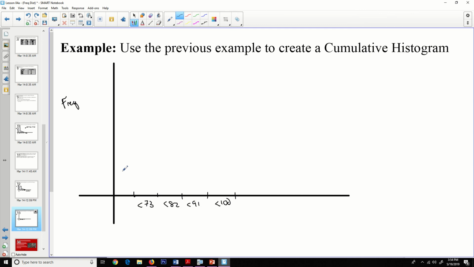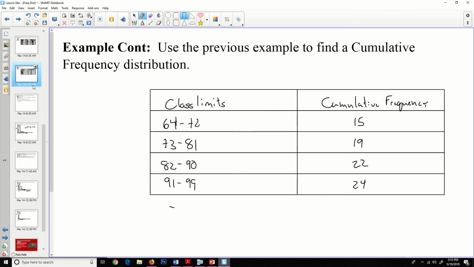And so we have to go up to 24 this time. So let's go by fours: 4, 8, 12, 16, 20, and then 24 at the top. That's how we'll get there. If I review my cumulative frequency distribution, I have 15, 19, 22, and 24.